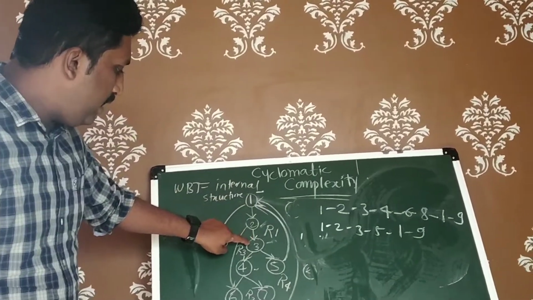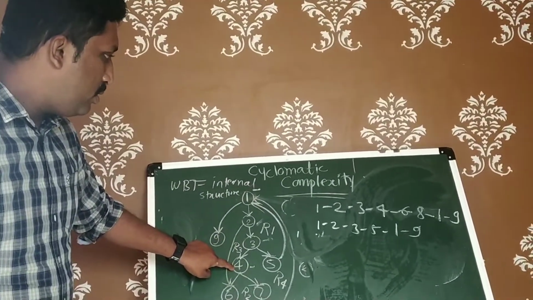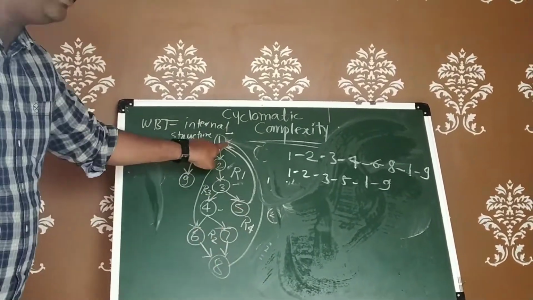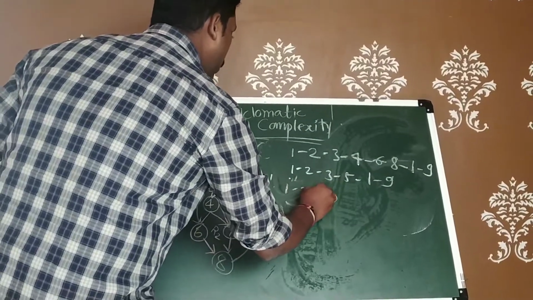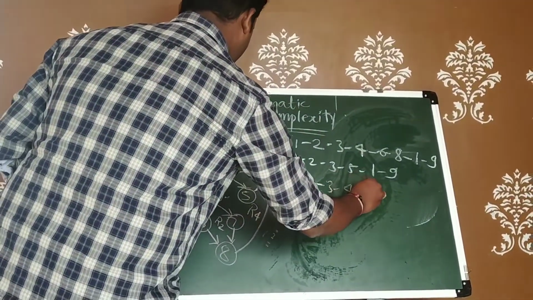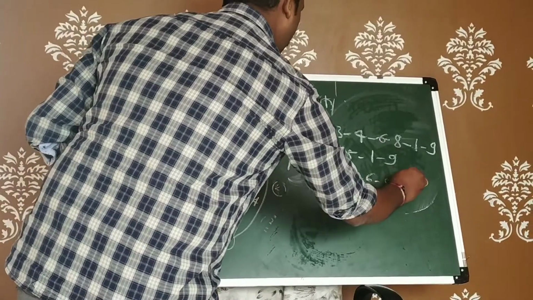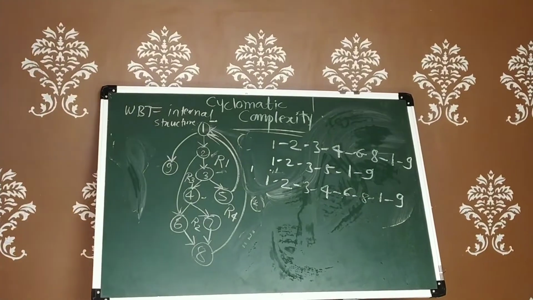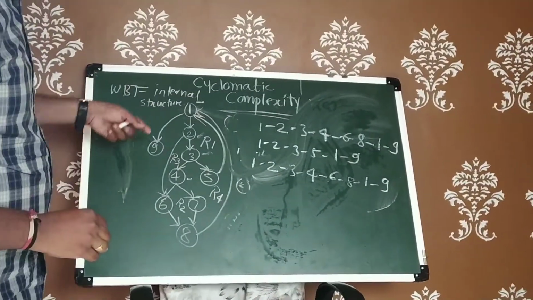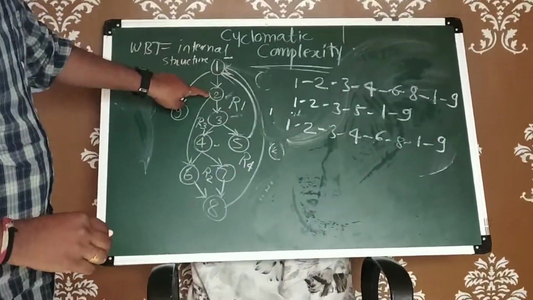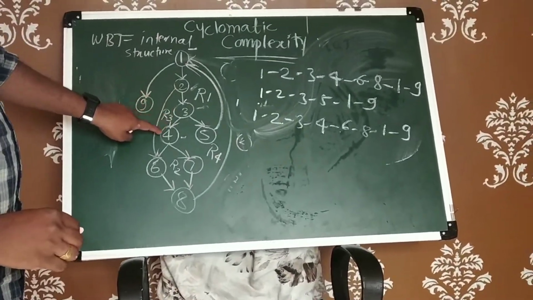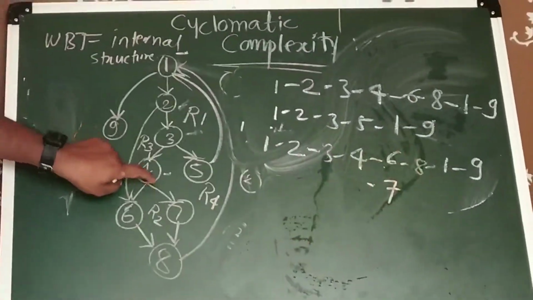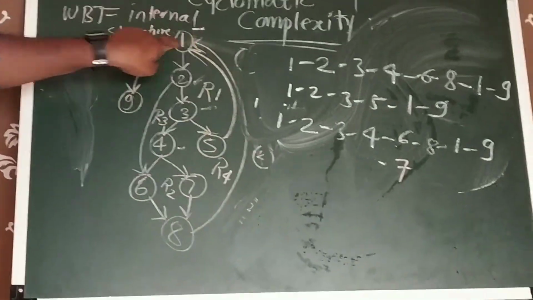Then 1, 2, 3, 4, via this path 4, 7, 8, 1. Okay. Next path could be 1, 2, 3, 4, 7. Okay. 7, 8, 1 and 9.